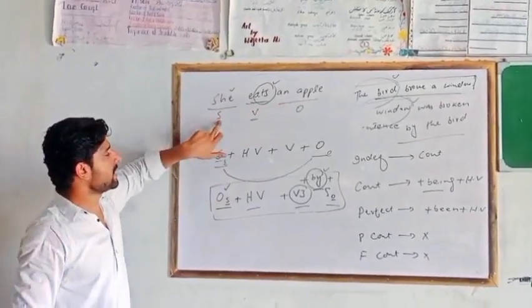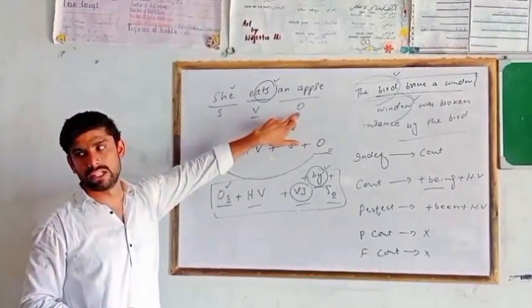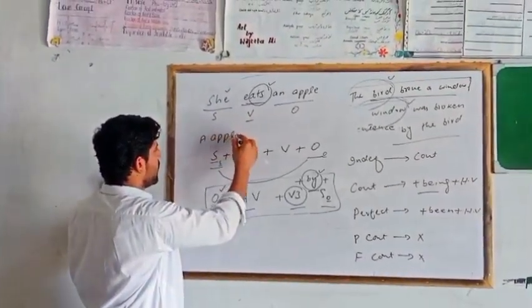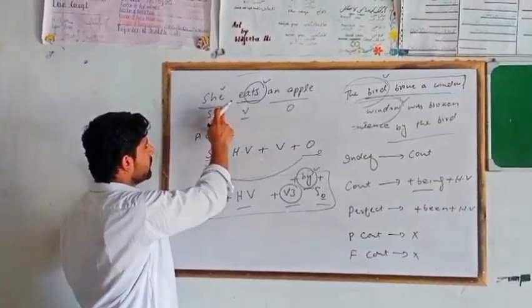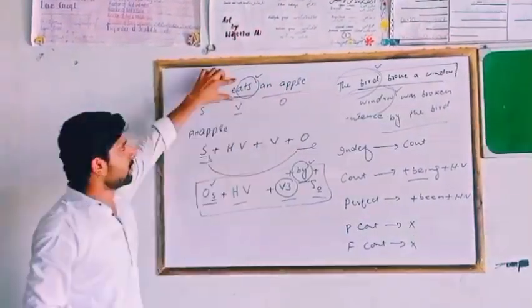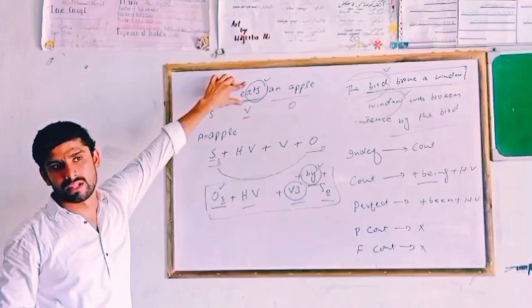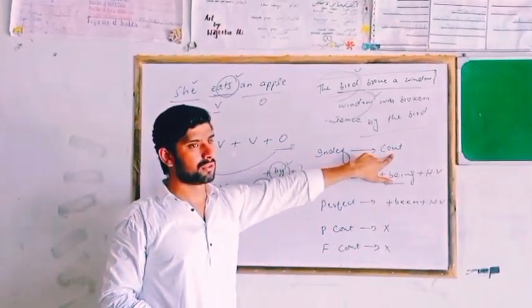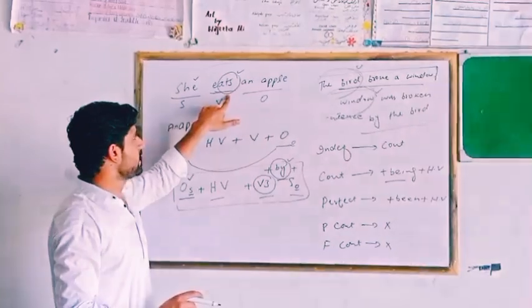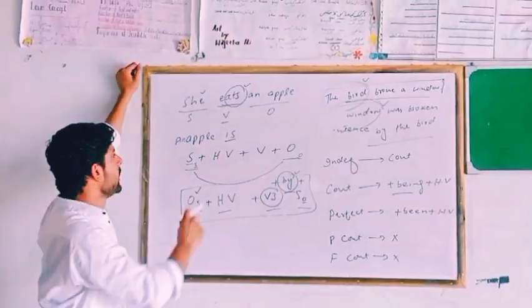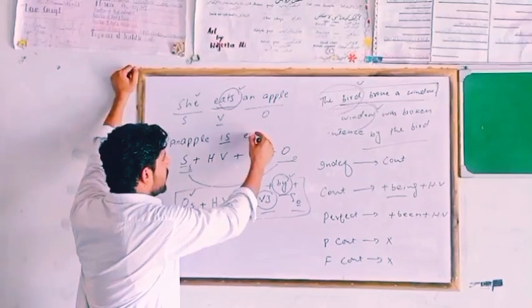So how are we going to change it? We are going to exchange the subject and object with each other. So, an apple is going to come in the place of she, and she is going to come in the place of an apple. What is the sentence there? Indefinite. So, we are going to change the helping verb into continuous. So, if it is indefinite, it should be changed into is. Very good. An apple is.